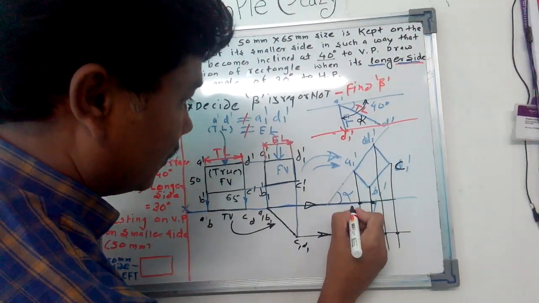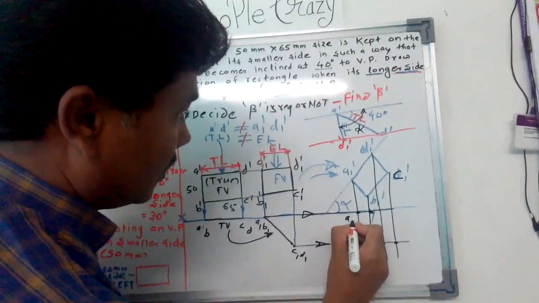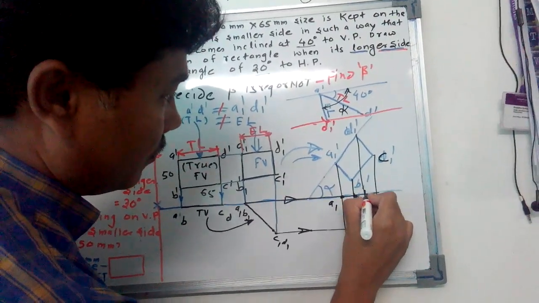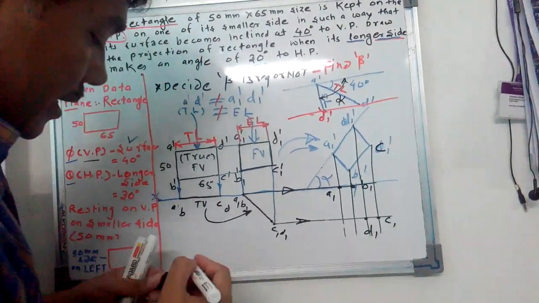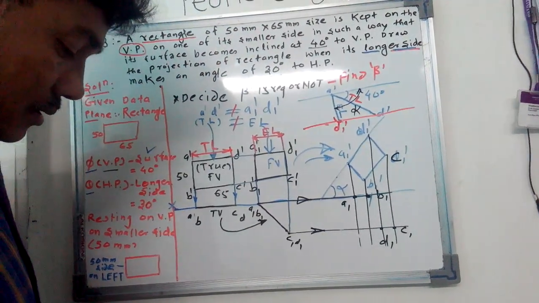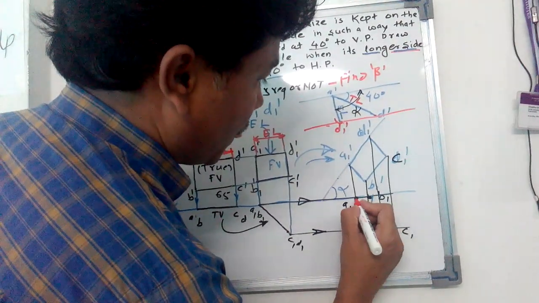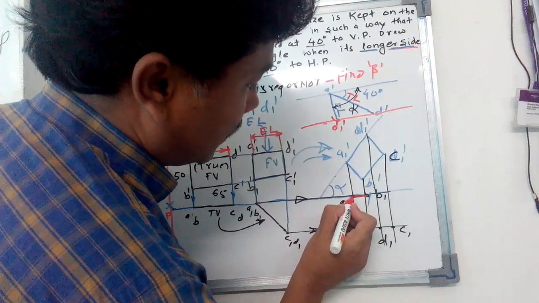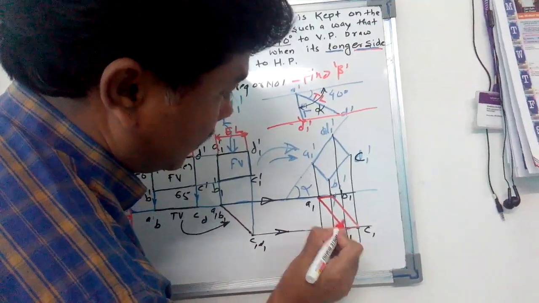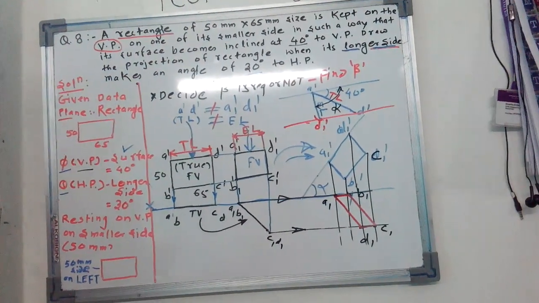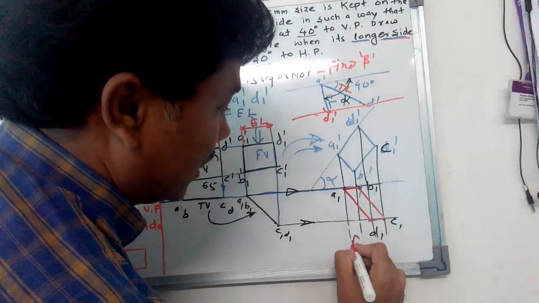So we will be getting this A1, B1, C1 and D1 point. Finally join these points with each other. In this way you will get the final top view.